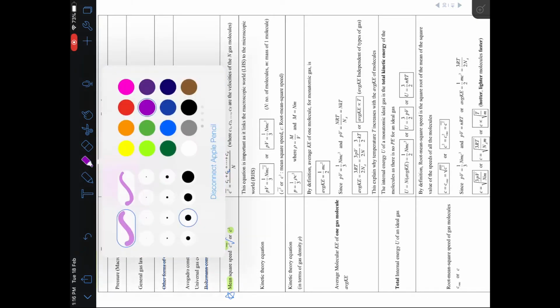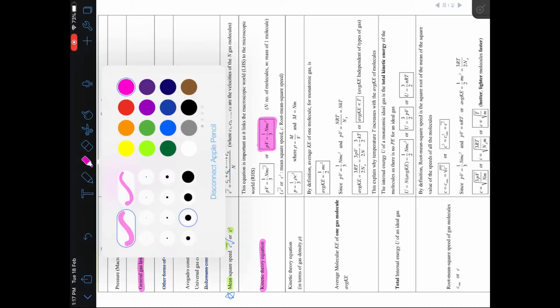And then next will be the main dish of what you have to recite, and this is new, the kinetic theory equation. Previously we talked about the kinetic theory qualitatively, so that you know the molecules are hitting each other, something like this. In fact, we can represent it by math, which is PV equals 1/3 N m c squared. But we don't want the bar representation, so we are going to use PV equals 1/3 N m c squared.